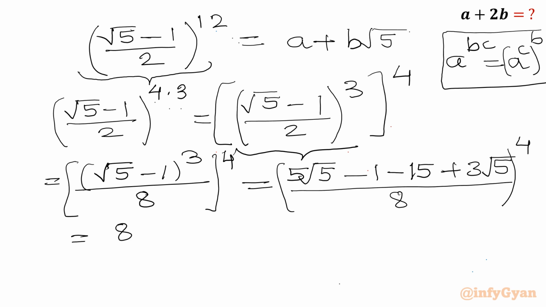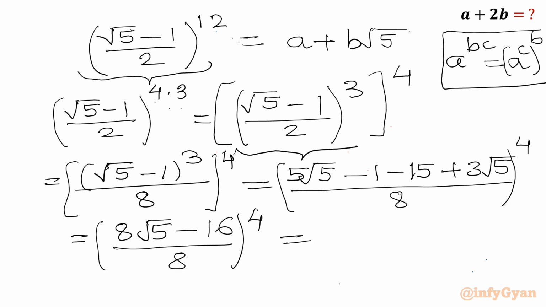So I will write 8 root 5 minus 16 over 8 whole power 4. Now we can divide by our denominator. So root 5 minus 2 whole power 4.